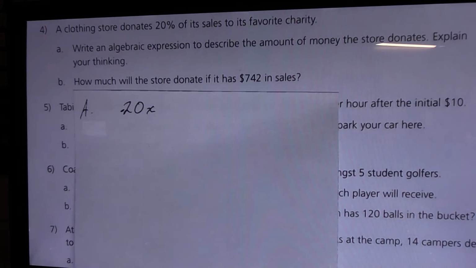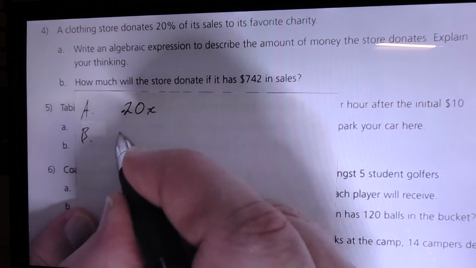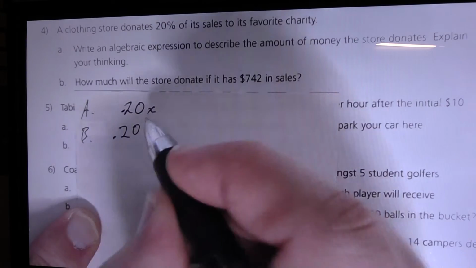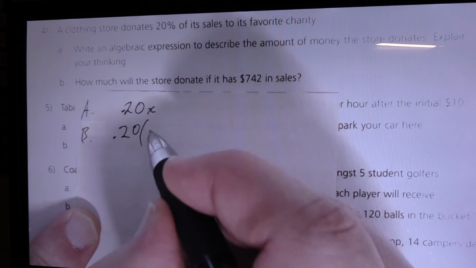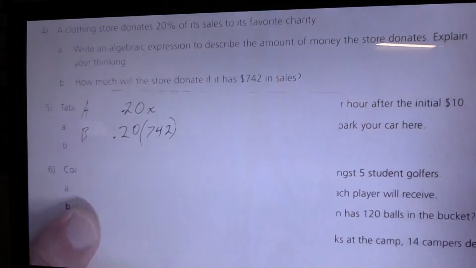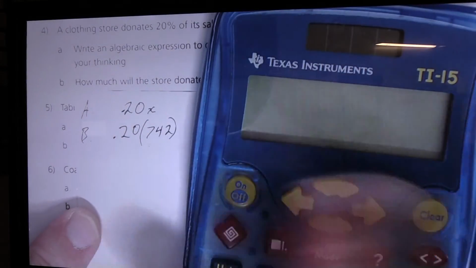Now, B says, how much will the store donate if it has $742 in sales? So here, I'm just going to keep that 20 hundredths, and I'm going to replace that X because now we know the value of it. It's $742. And I'm going to use my calculator on this.